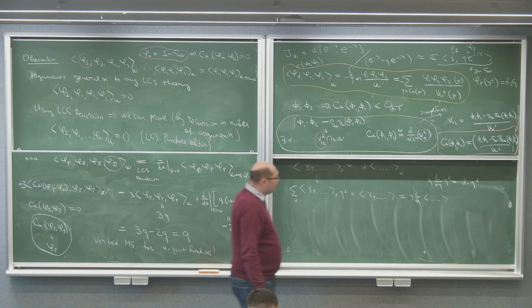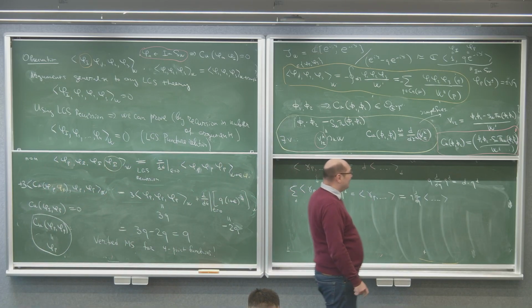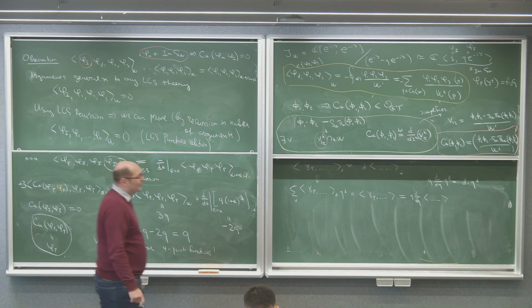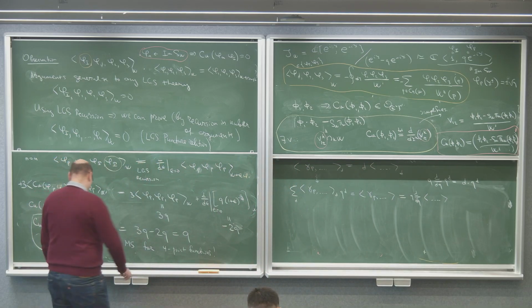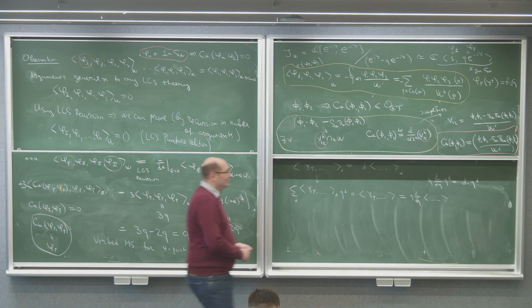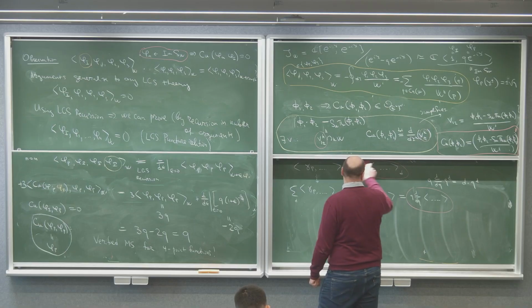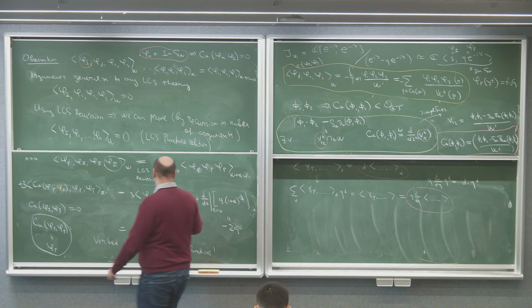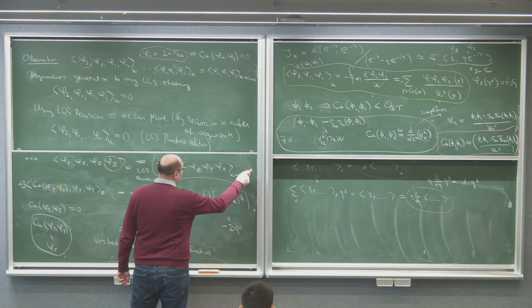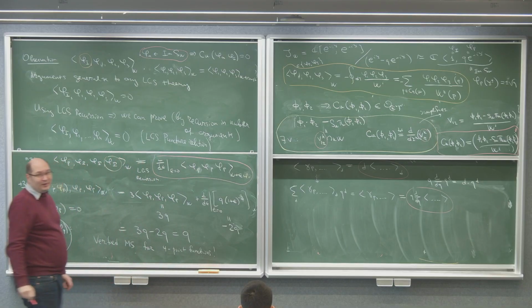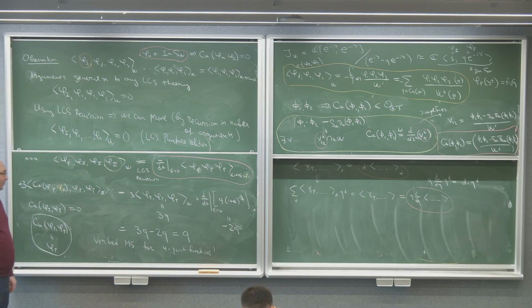So now, having this d over dq applied to a correlation function with fewer observables, this formula that is just a recasting of the divisor relation starts looking like some kind of derivative term in the Landau-Ginzburg-Saito recursion.